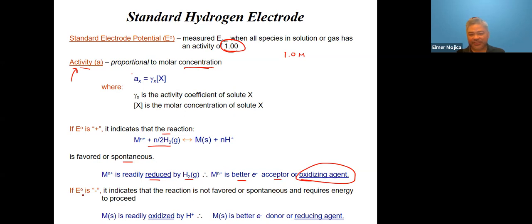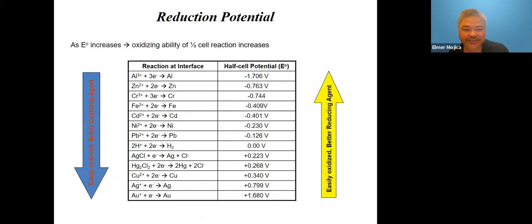If the electrode potential is negative, it indicates that the reaction is not favored or not spontaneous, and it requires energy to proceed. And the metal is readily oxidized by H+. So mas mataas yung reduction potential ng hydrogen. Okay? So the metal is a better electron donor or reducing agent. Okay?